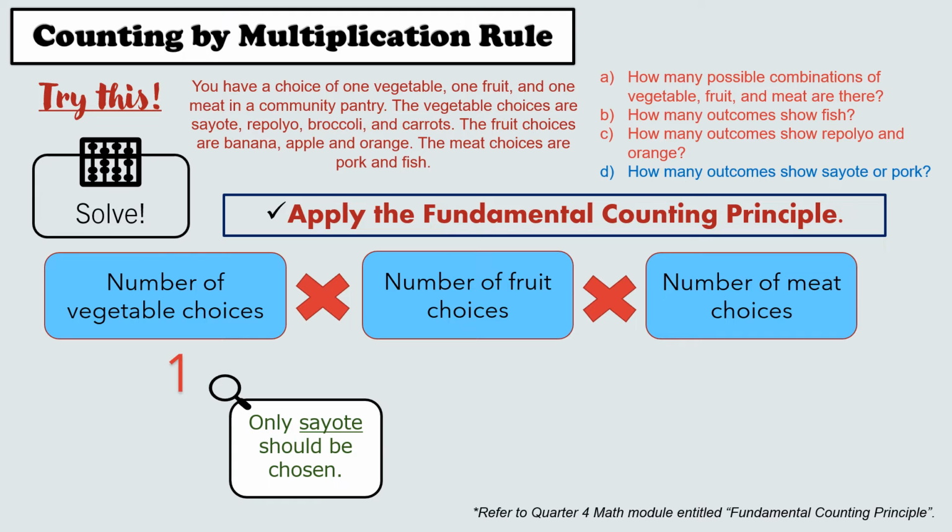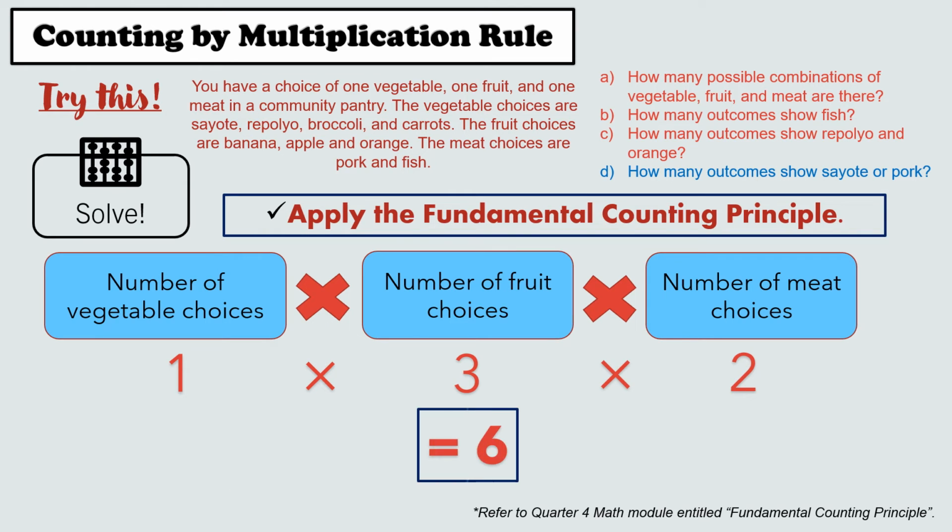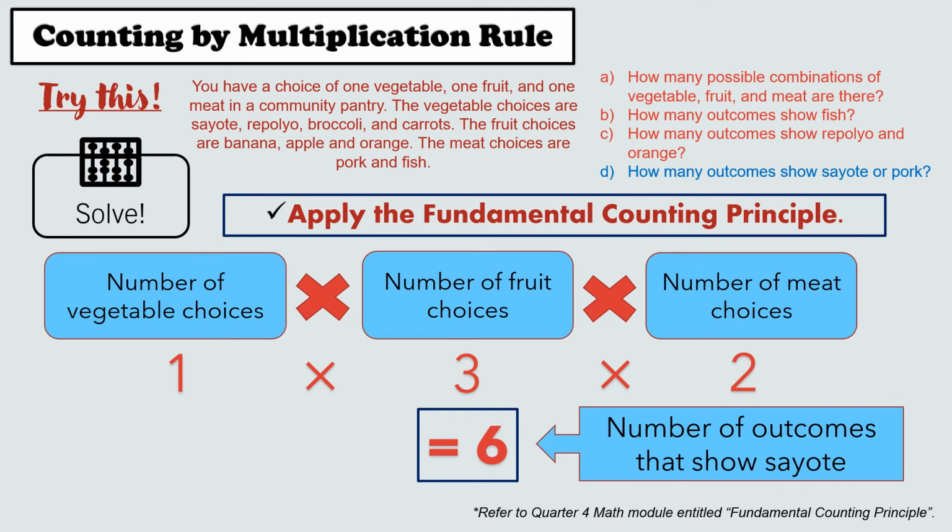We multiply that to the number of fruit choices, which is 3, since it is not limited by the problem. Lastly, we multiply the result to the number of meat choices available, which is 2, because we can also consider outcomes that contain both sayote and pork. This results in 6, which is the number of outcomes that show sayote.